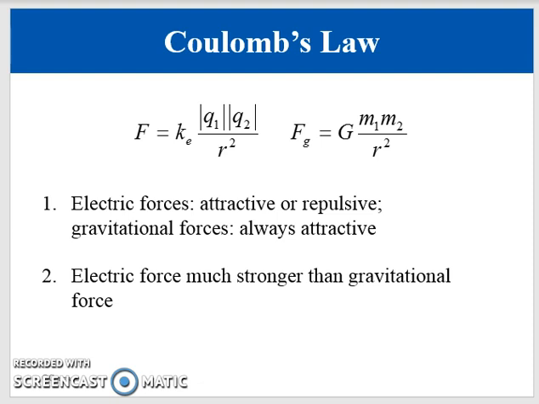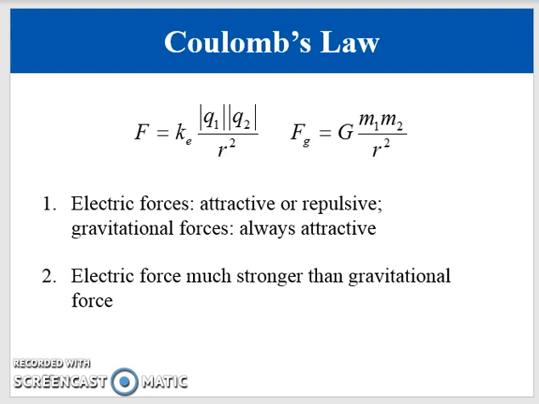So what this means is, as I bring my objects closer together in both cases, the force is going to get much stronger. And as I separate my objects, as I make r very large, the force is going to decrease. It's going to get much smaller. But there's more similarities here. First things first, notice that in Coulomb's law we have Ke, and in Newton's universal law of gravitation we have the constant G, and both of these just represent constants.